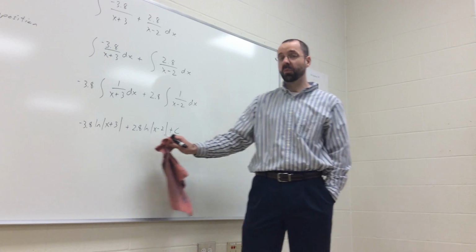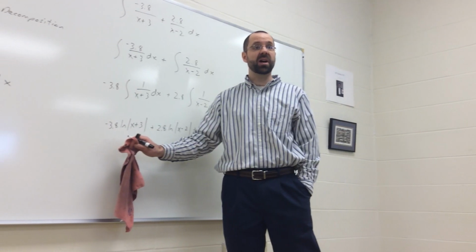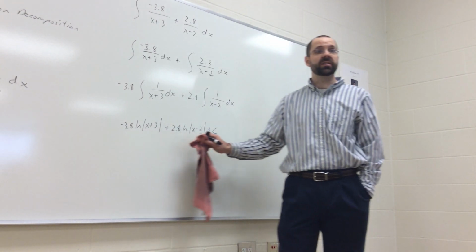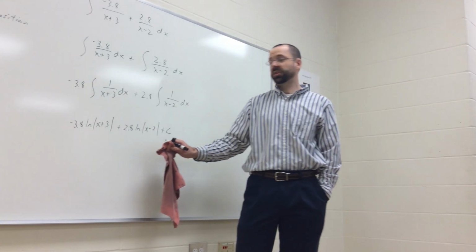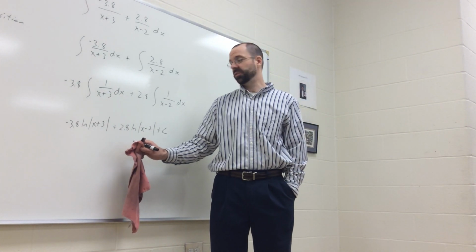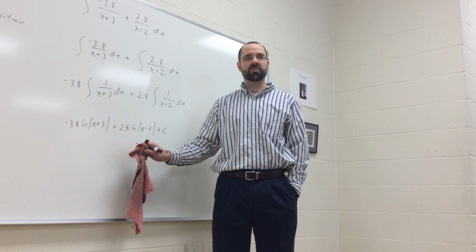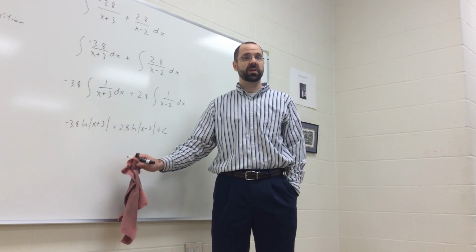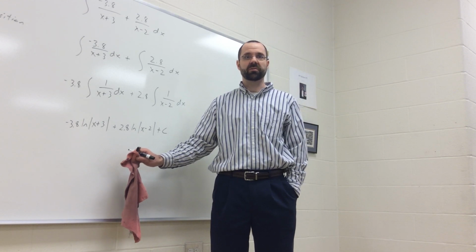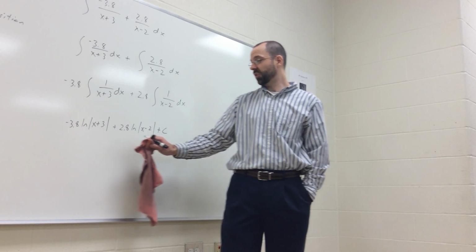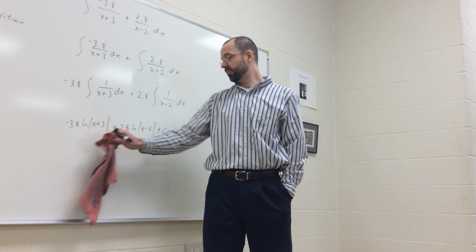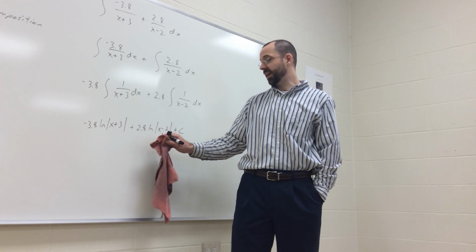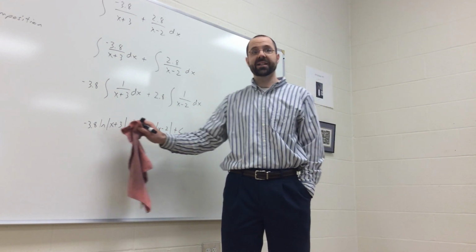Okay, now if this is a free response question, it's fine to leave it like this. But sometimes on the multiple choice questions, they get a little fancy with their logarithm rules. So I'm going to go a couple steps further just so you can practice those logarithm rules. First of all, if you have a negative plus a positive, you could rewrite that as this minus this.